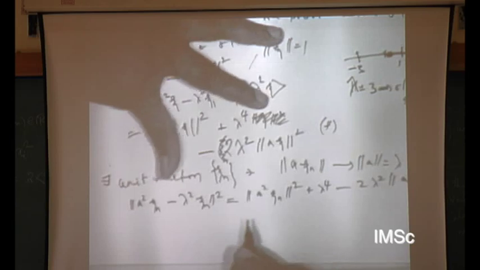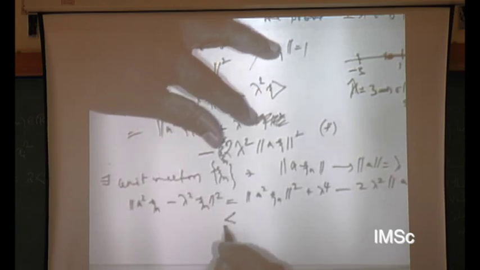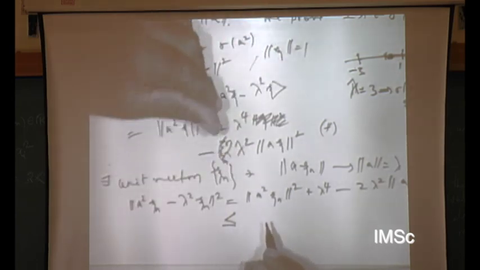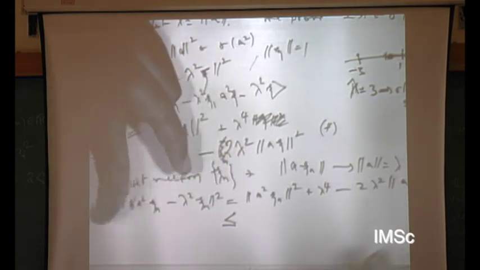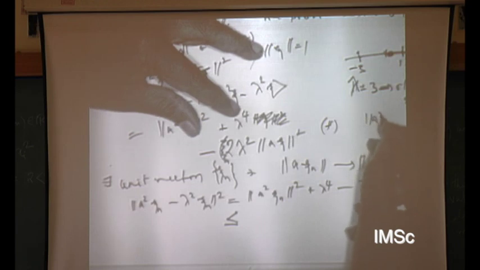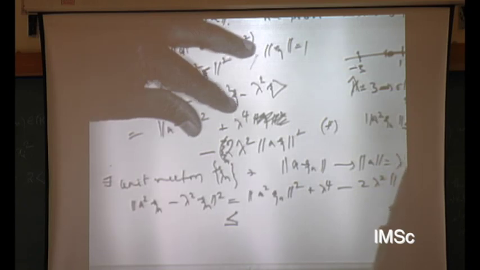Now this is the magic. Norm A squared psi n, I can pull out one A. Norm A squared psi n is bounded by norm A and norm A psi n.